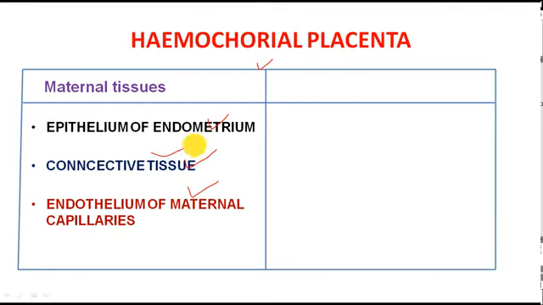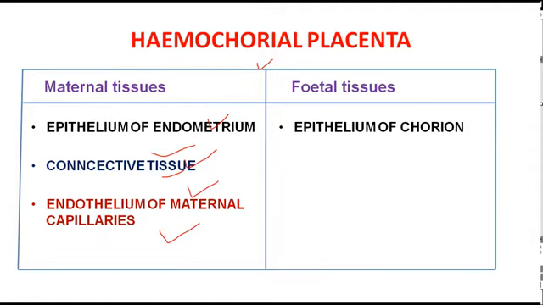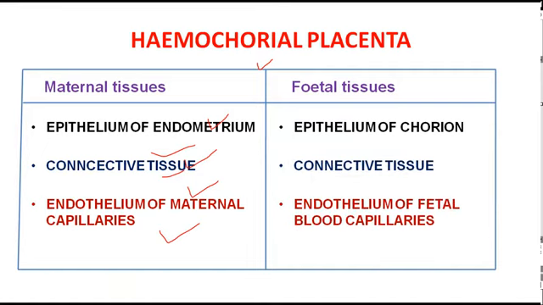And towards fetal side, again there is epithelium of chorion, connective tissue and the endothelium of the fetal blood capillaries. So in between the blood of mother and child, there are 6 tissue layers, 6 barriers.